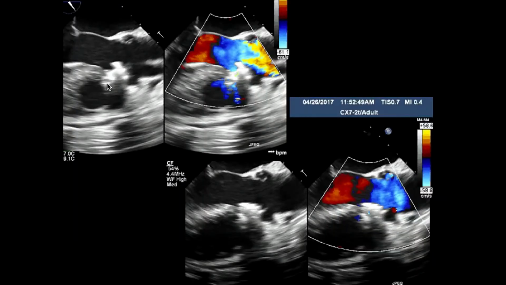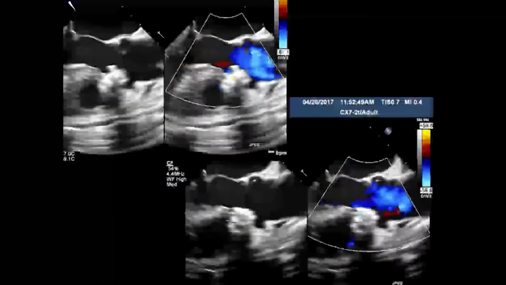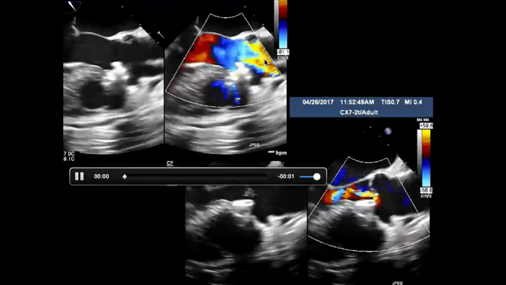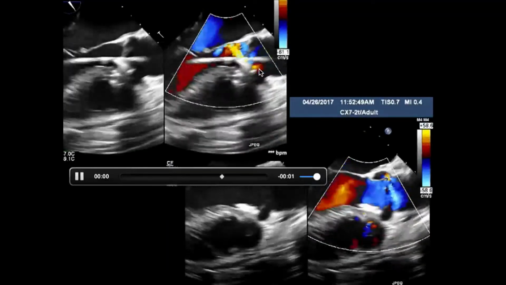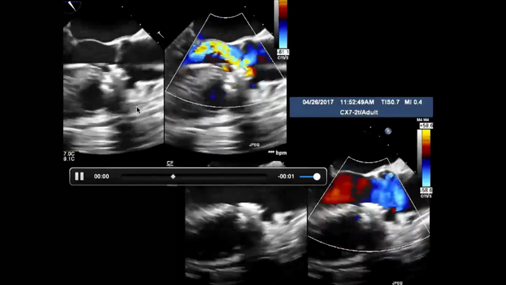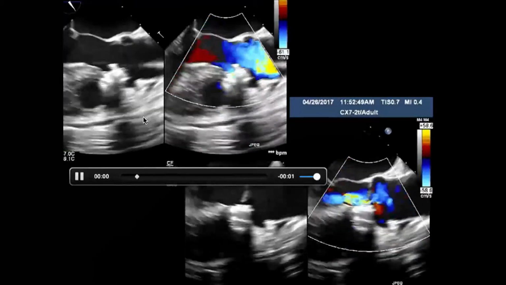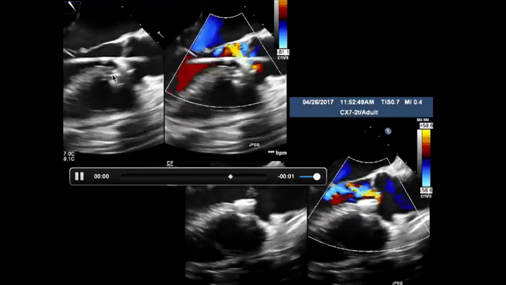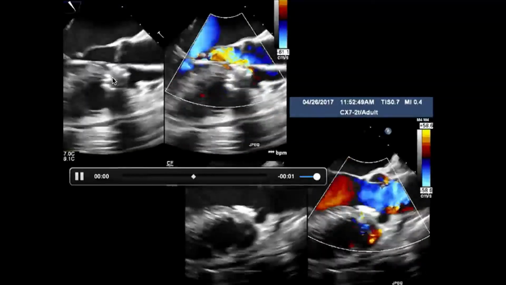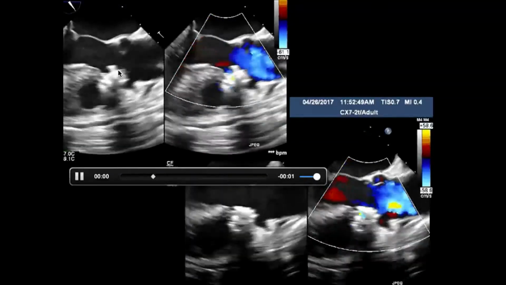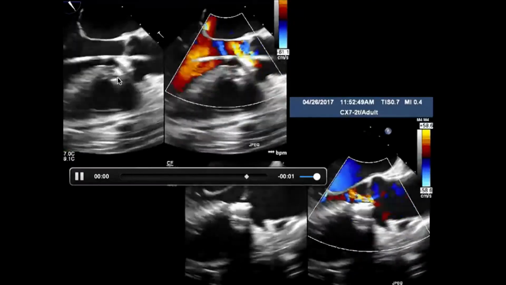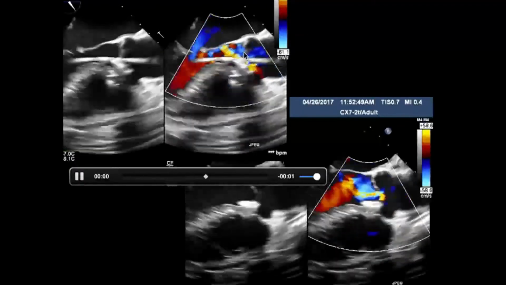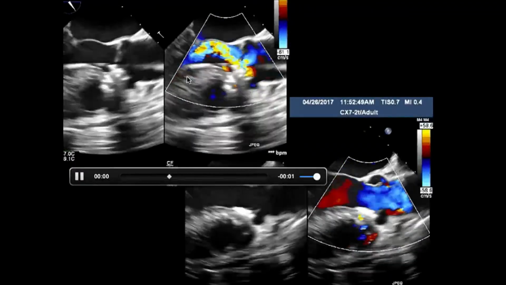Then I changed the device to the 10mm Cocoon device. But as you can see, significant aortic regurgitation was observed. At that time, I was worried about slipping again, so I cautiously opened the two discs. The left ventricular disc did not touch the interventricular septum, so it may touch the right coronary cusp.